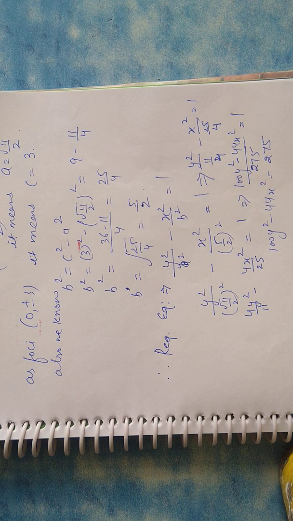Your example number 16 is also a similar kind, in which only the latus rectum is given. From your focus you can get the value of C, and from your latus rectum you can get the value of A and B, and using that we will find the required equation.